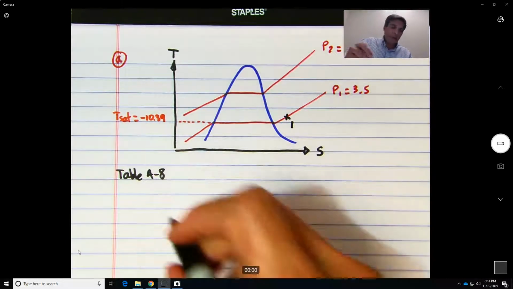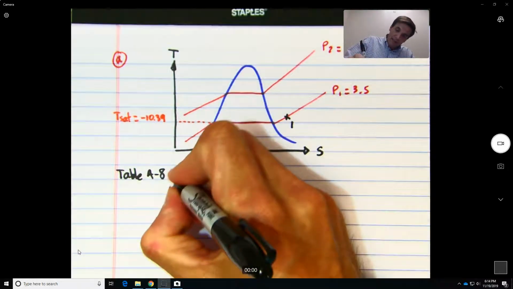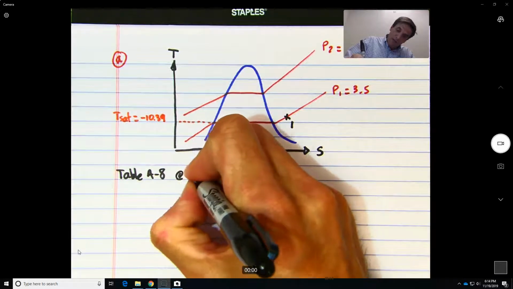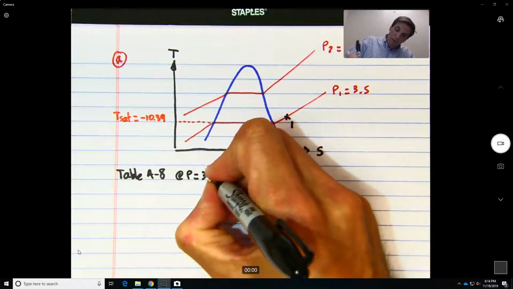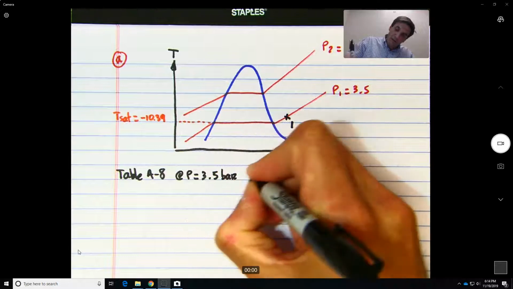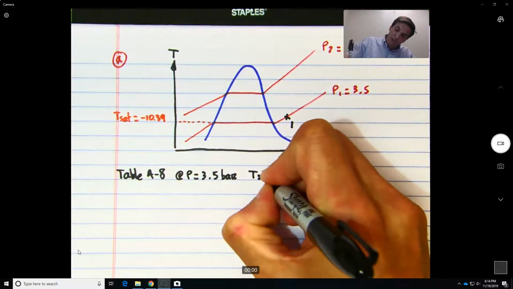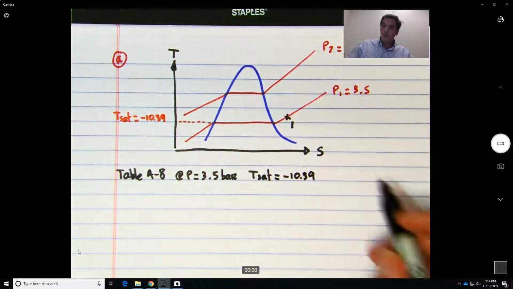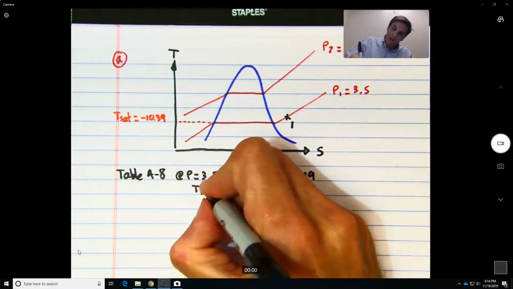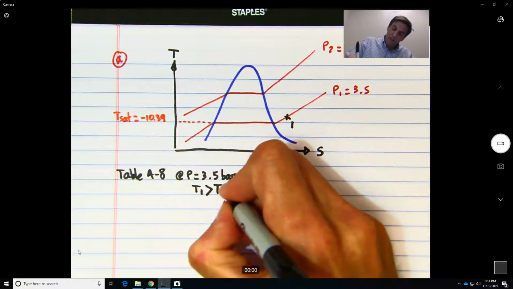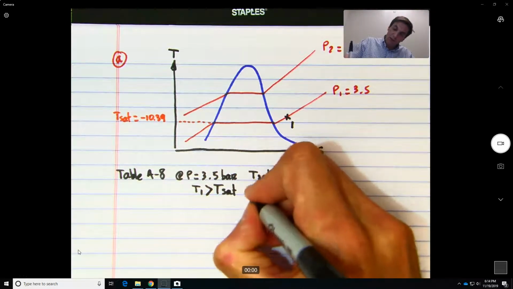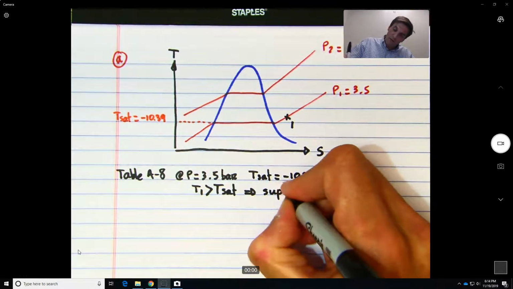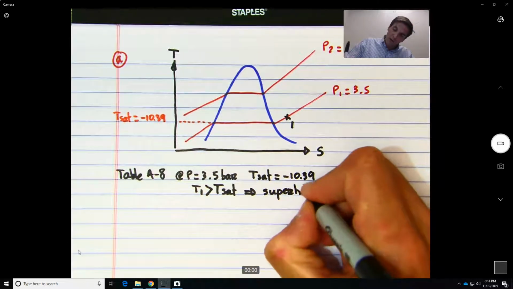Okay, so from table A8, at P equal 3.5 bars, we know that T saturation is equal to minus 10.39. Okay, since T1 is higher than the T saturation, state 1 is superheated, or basically gas.